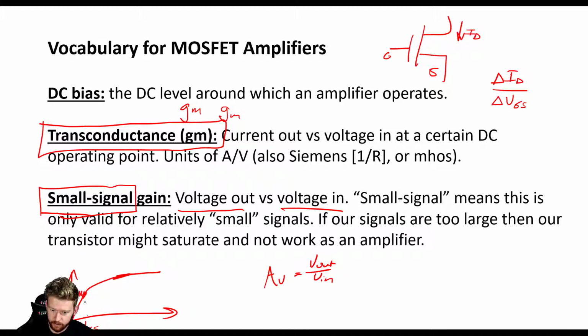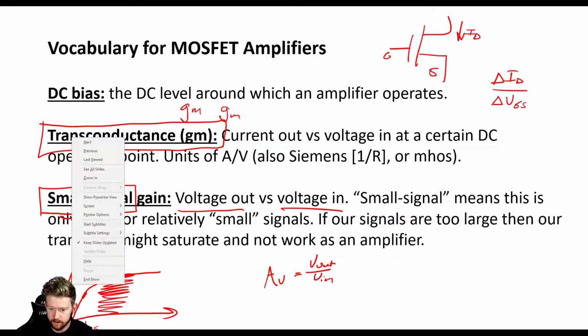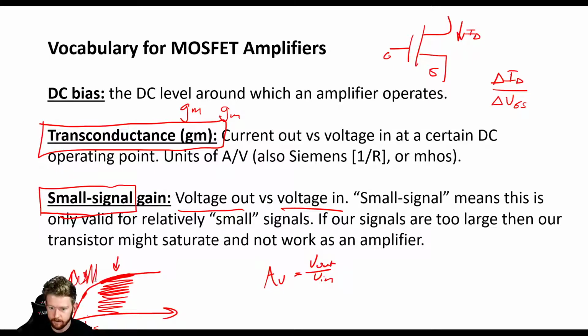So let's switch this up now. Instead of working at this level, let's assume that we have a really big signal and we're working over here. Our signal is very, very large, and this doesn't look as linear now. Since this doesn't look as linear, our output current isn't going to look the same. It might look something like this.